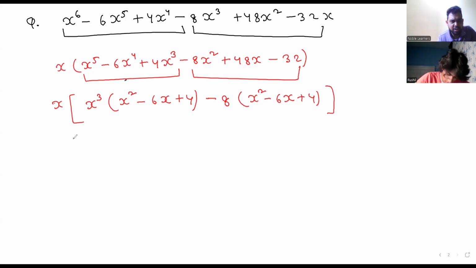And then your answer is going to be x times, you take this common, so x squared minus 6x plus 4, and then you have to do x cubed minus 8.